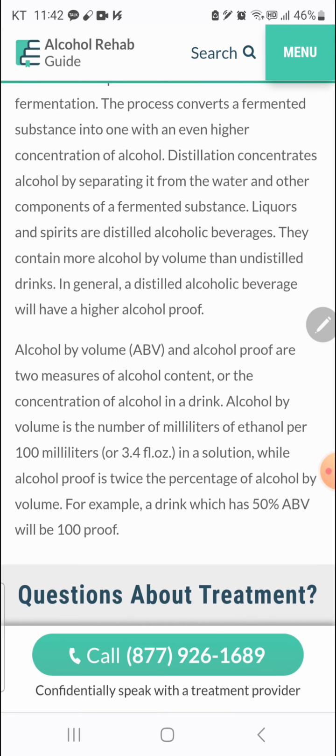Liquors and spirits are distilled alcoholic beverages. They contain more alcohol by volume than undistilled drinks. In general, a distilled alcoholic beverage will have a higher alcohol proof.